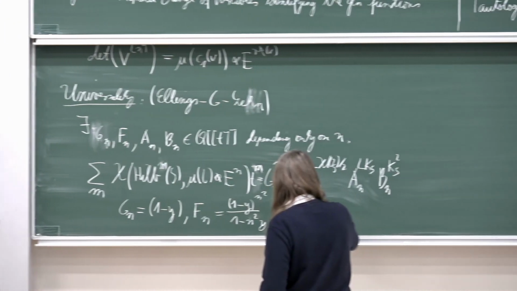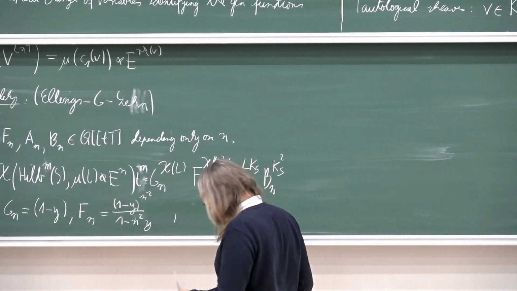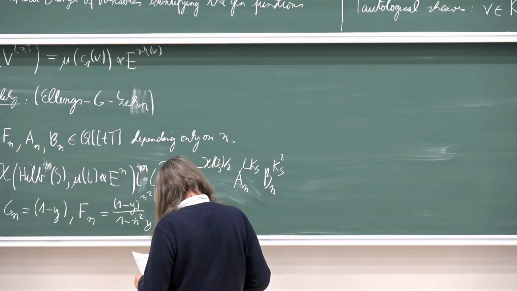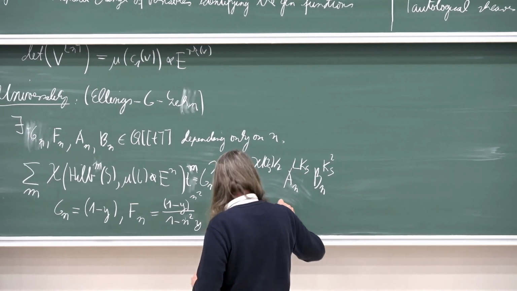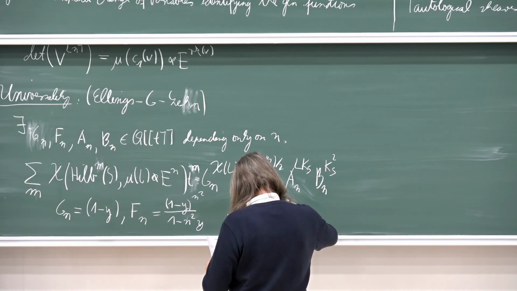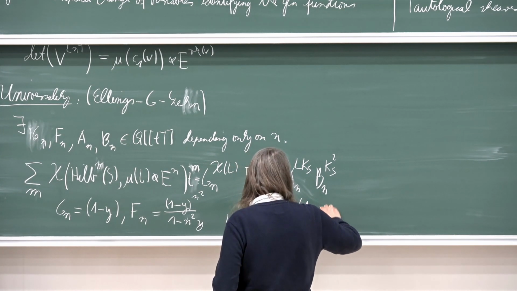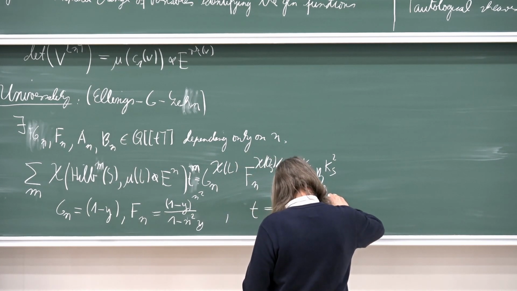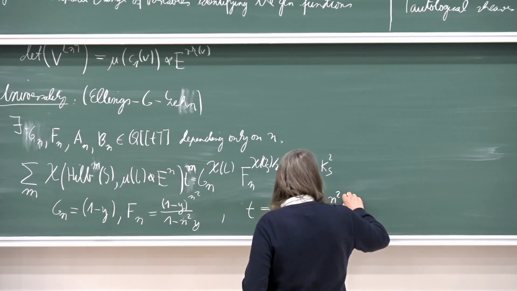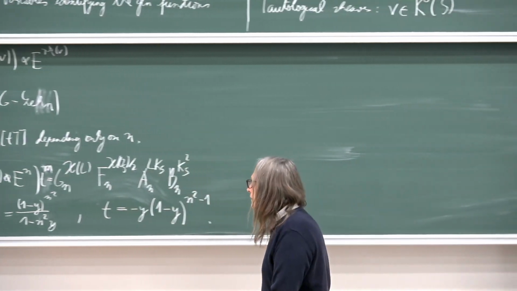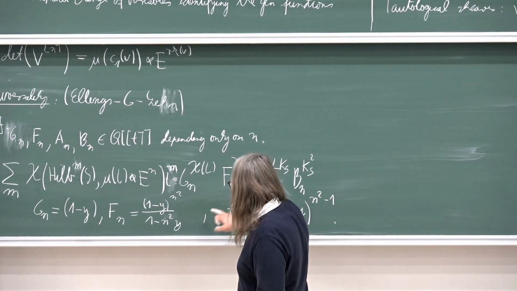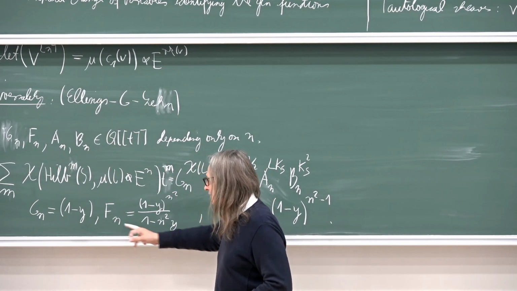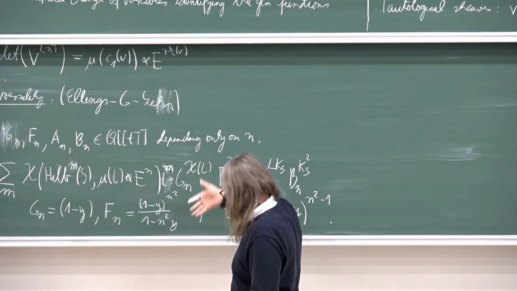Now I can tell you what y is, because we have with a change of variable that our t is equal to minus y times (1 minus y) to the n squared minus 1. Okay, so we have these 4 universal power series. 2 of them are quite simple. Particularly, they're very simple after the change of variables, and that is my answer.